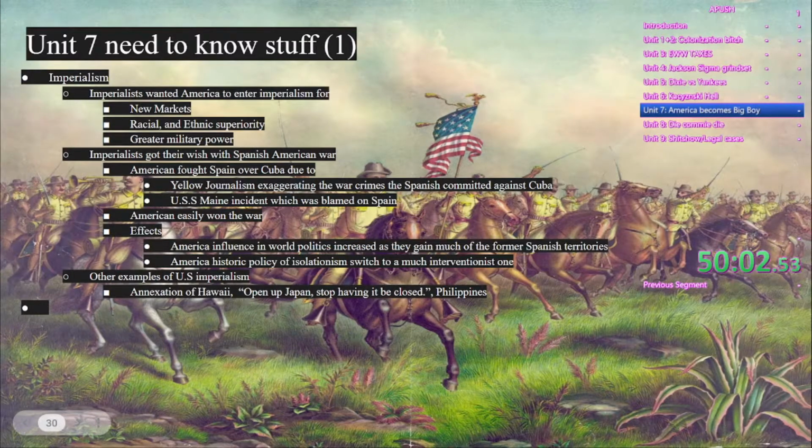You also had other examples of U.S. imperialism, such as the annexation of Hawaii. If you want an earlier example, it would be the U.S. forcibly opening up Japan in 1853, and also the Filipino-American War.